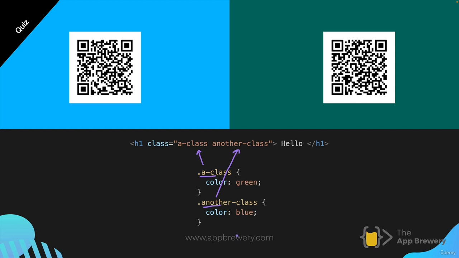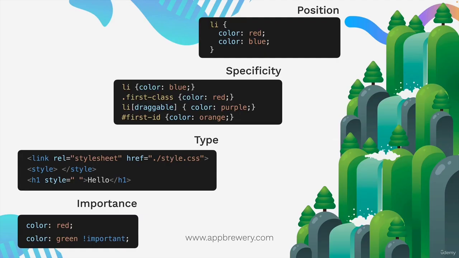So then the only thing that matters is the order where they appear in the file. Remember that the cascade goes from the top to the bottom, and the ones at the bottom will be the ones that replace the ones at the top. So in this case, the final color of the H1 will be blue. When all other things are equal, for example, specificity, type, and importance, then we look at a specific category and see which one comes out trumps.